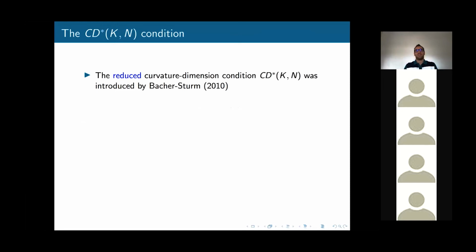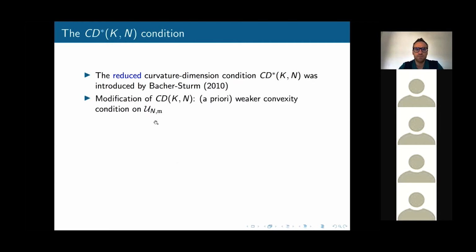In the last lecture we have seen the CD K,N condition. But then in the literature appeared this CD star K,N condition. What is that? It is called the reduced curvature dimension condition, and it was introduced by Bacher and Sturm in 2010, so quite some time ago. And why did they introduce the CD star condition?